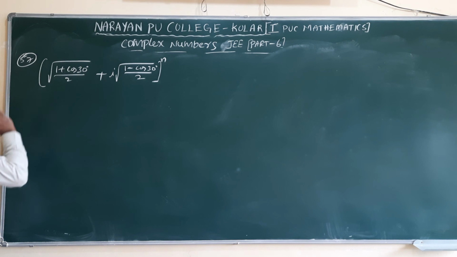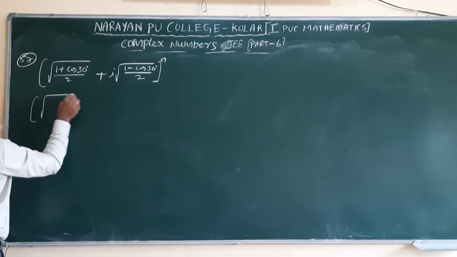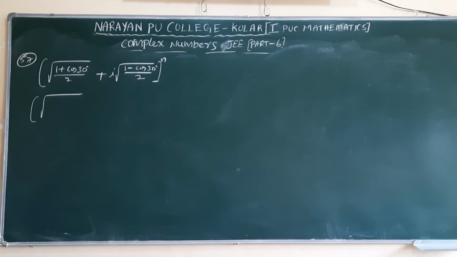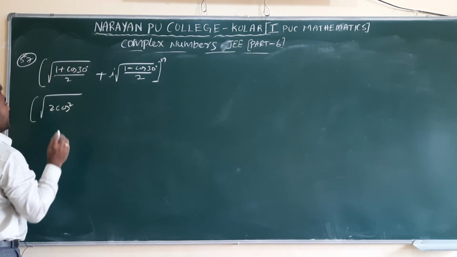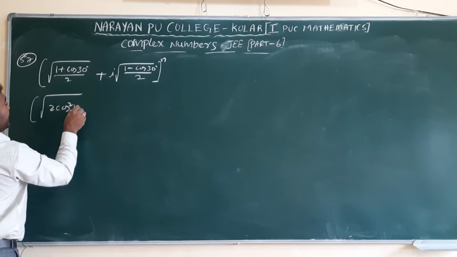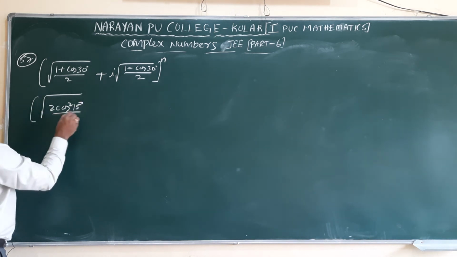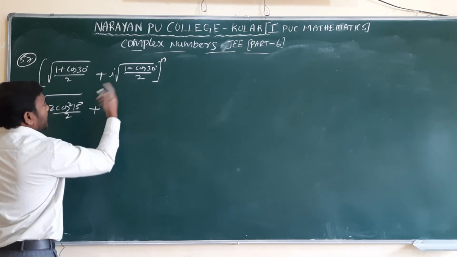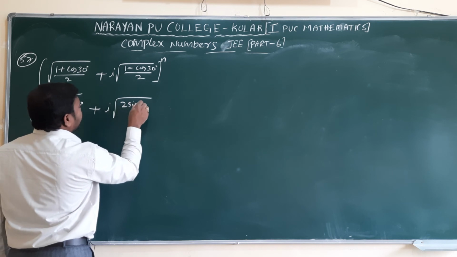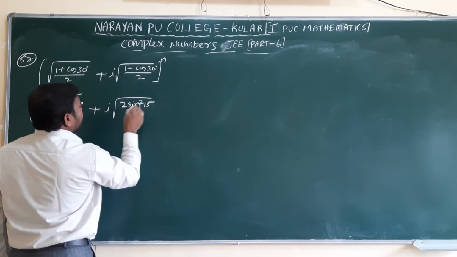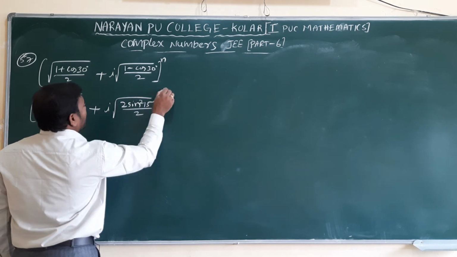Here it can be written as square root of... we already know the formula: 1 plus cos theta is equal to 2 cos square theta by 2. So it can be written as 2 cos square 15 degrees by 2, plus i times square root of 2 sin square theta by 2, 2 sin square 15 degrees by 2, whole power n.